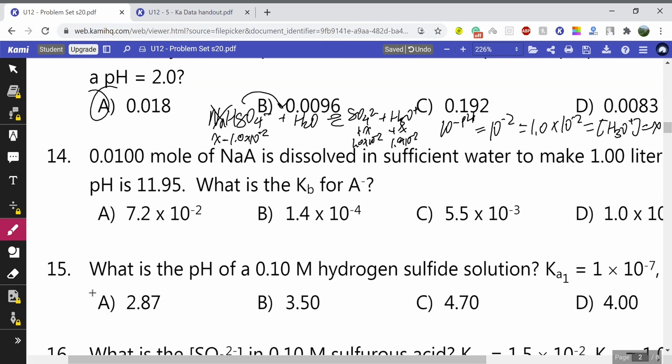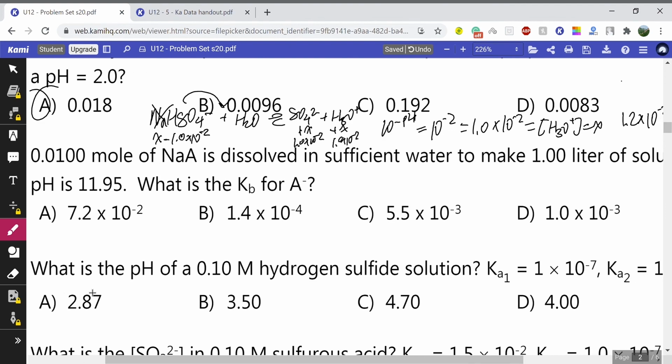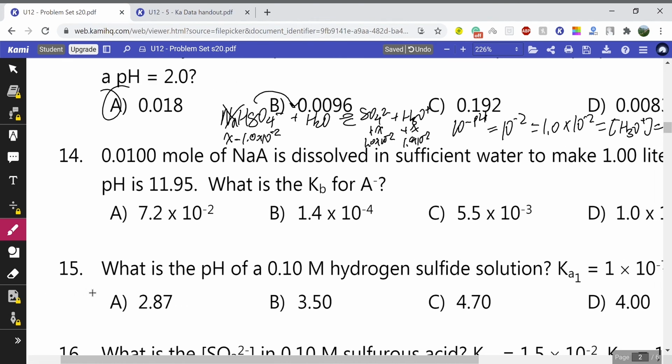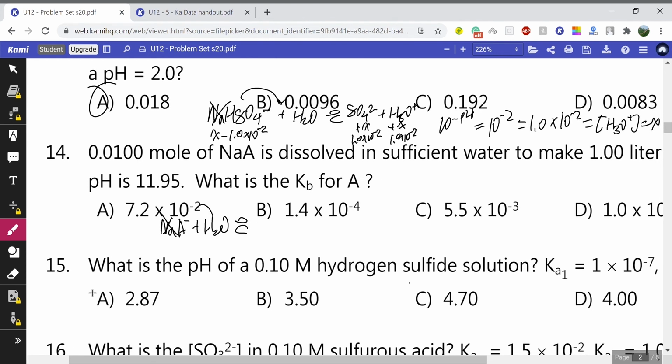Okay, next, 0.01 mole of NaA. What is Kb for A minus? Okay, so this one we're going to do NaA plus H2O forming an equilibrium with, again, Na has no affinity for water, so this will just be A minus, which will receive a proton and become HA plus OH minus.